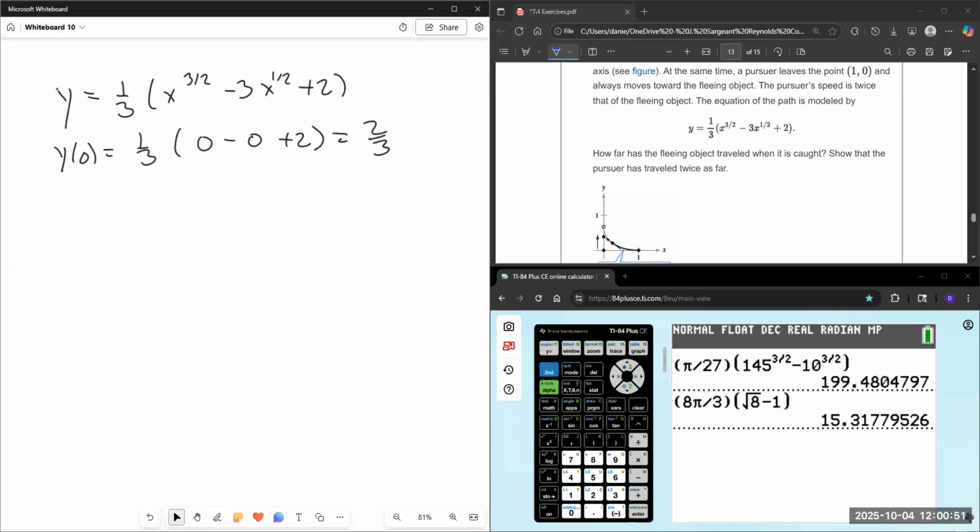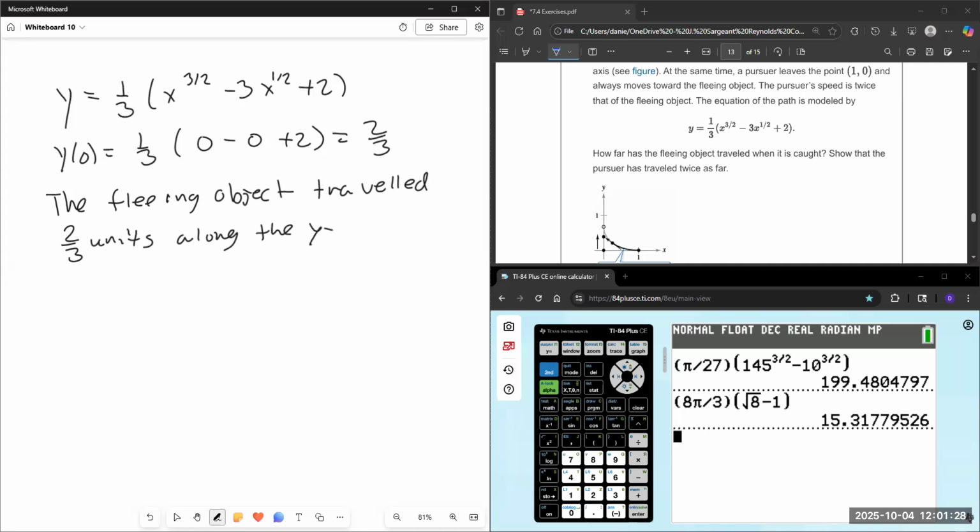Since the pursuer and the fleeing object are going to have the same y value when the fleeing object is caught by the pursuer, we can say that the fleeing object traveled 2/3 units along the y-axis before it was caught by the pursuer.